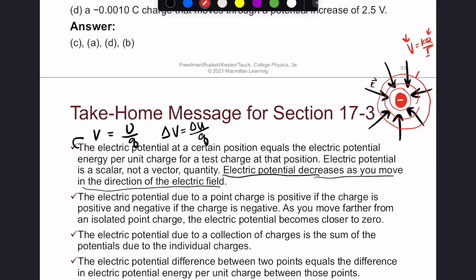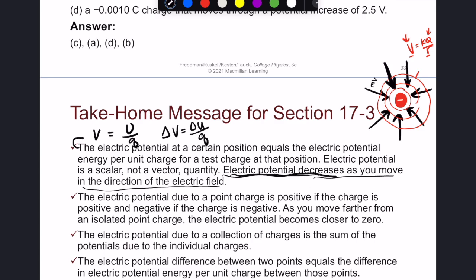Because the smaller the r, the bigger the V. So it makes sense that as you move down an electric field, closer to a negative charge, you are going into lower and lower potential, or the electric potential decreases.